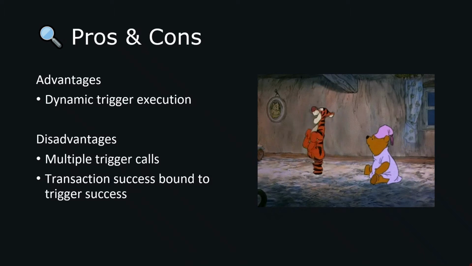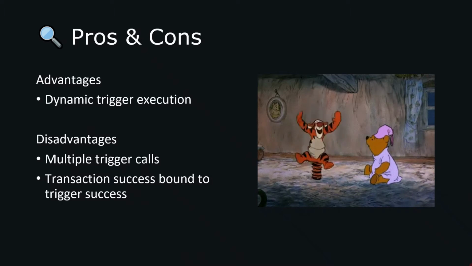Another disadvantage is that, as I mentioned, the transaction success is bound to the trigger success. What that means is that if you have a replace operation that would run, and your trigger fails, the replace would not go through, irrespective of whether that was a pre-trigger or post-trigger. Another example is that if you have an insert statement, you're inserting a document and you have a pre-trigger.